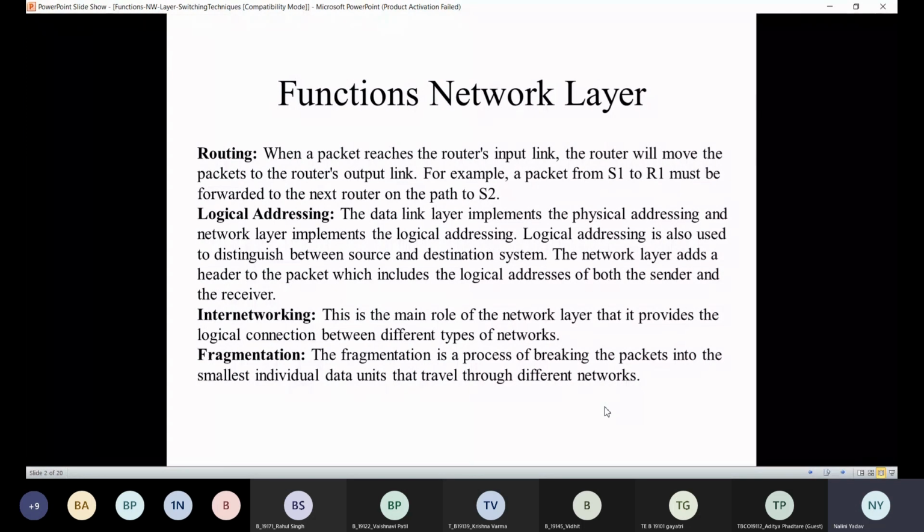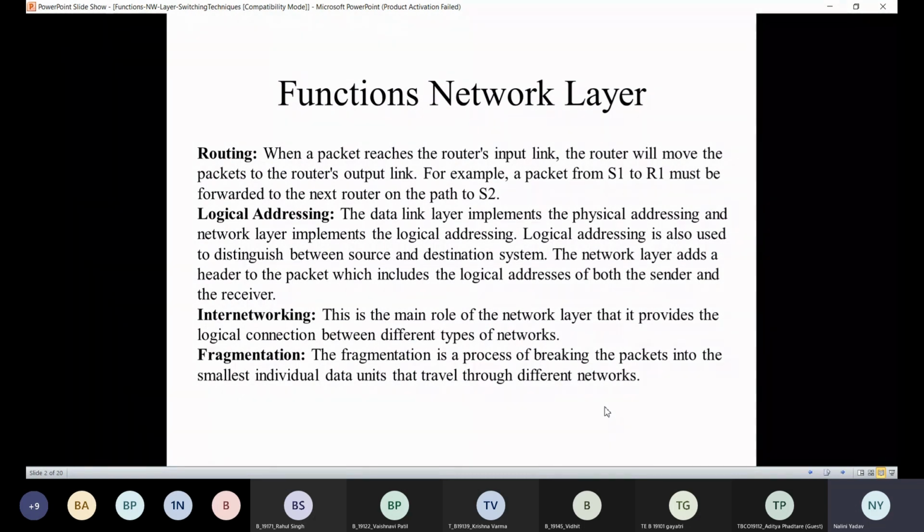The functionalities are routing, logical addressing, internetworking, and fragmentation. In routing, the network layer is responsible for finding the route for a given packet.